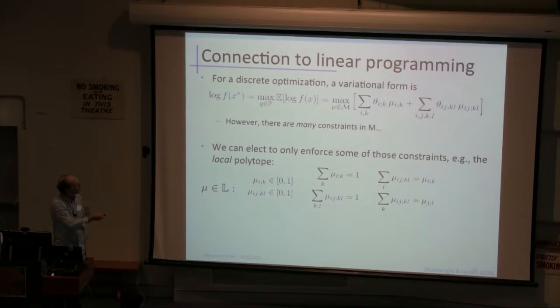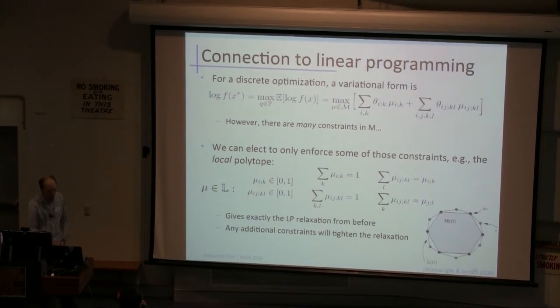If we relax this set M to just be this local consistency constraint, we get exactly the linear programming relaxation we had before. So these constraints are exactly identical to the linear programming constraints that we had a few slides ago.